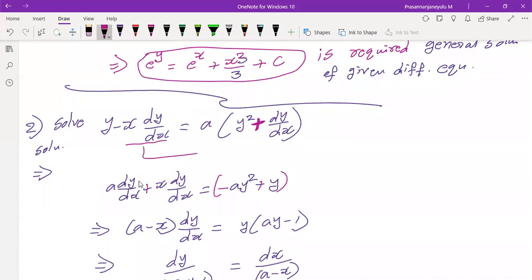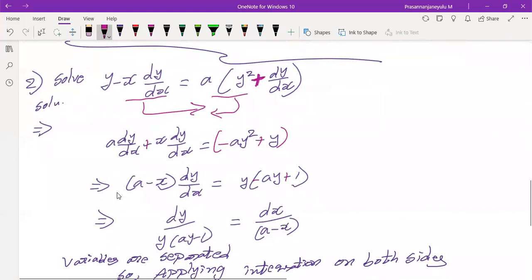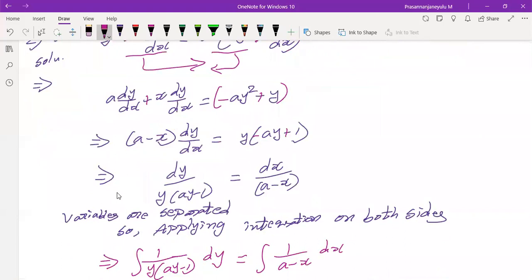This term taking to right hand side and this term bringing to left hand side. Then it will become minus ay square. So we'll get minus, and here it is plus, and this is a plus x. And I am rewriting this denominator. If we take y common, what we are going to get?